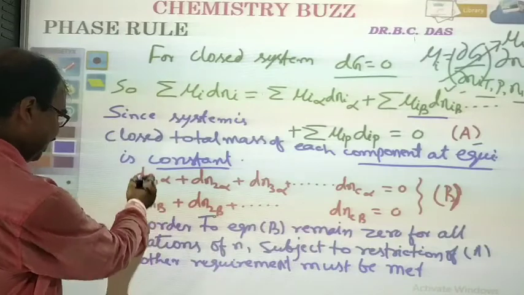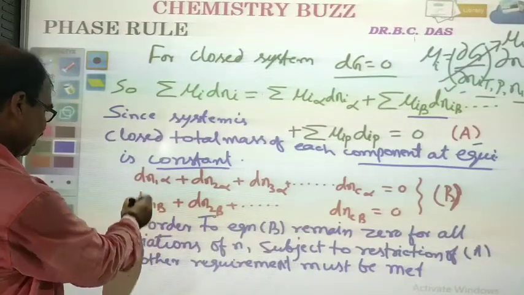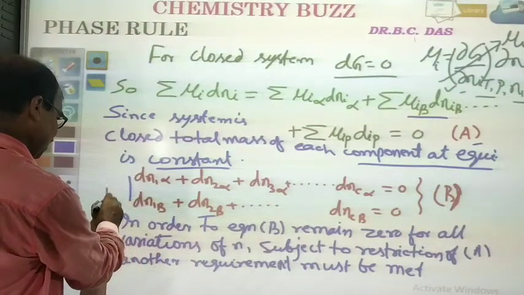Similarly, we can write a series of equations, so this is your P number of equations.